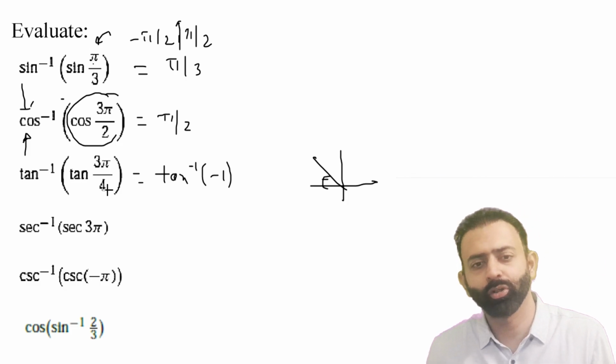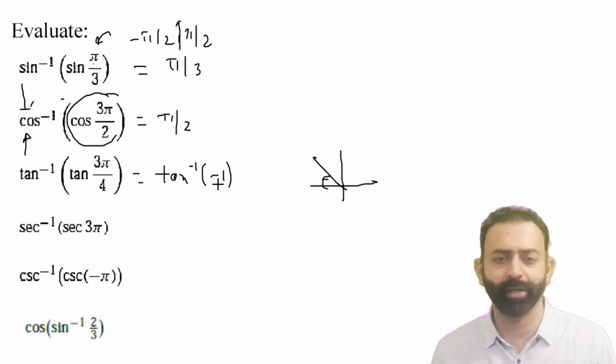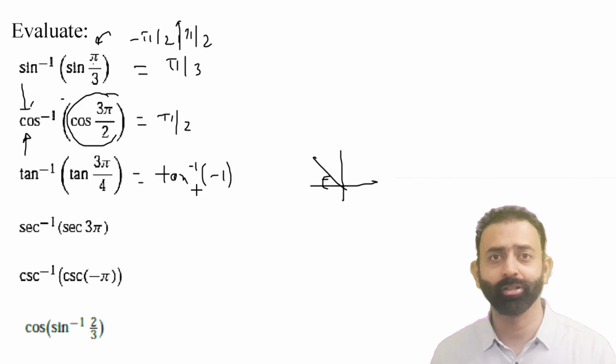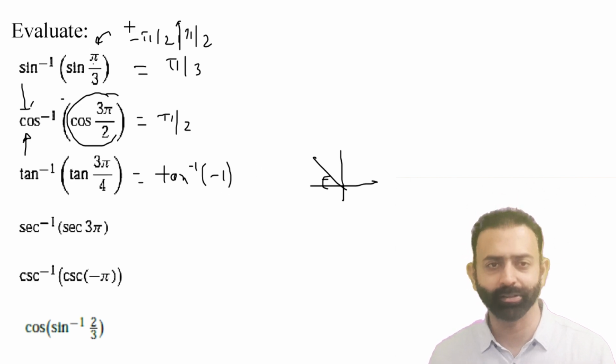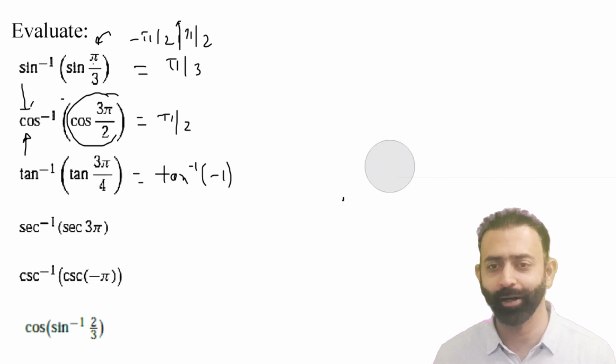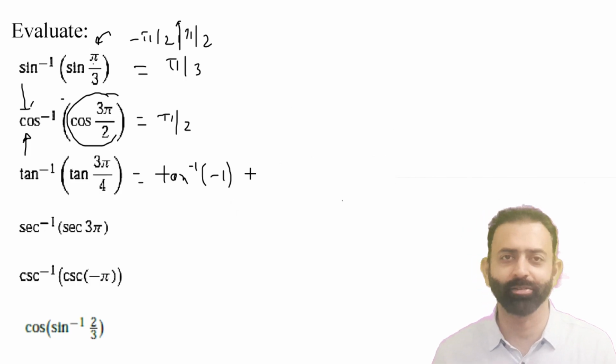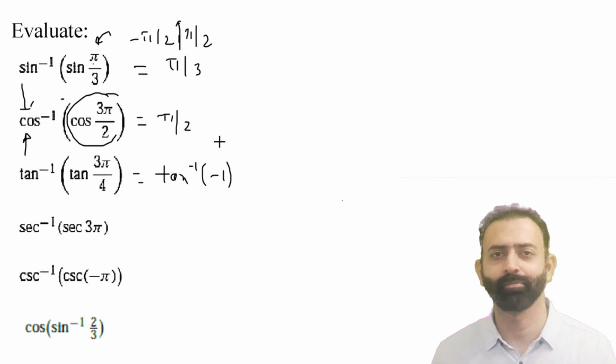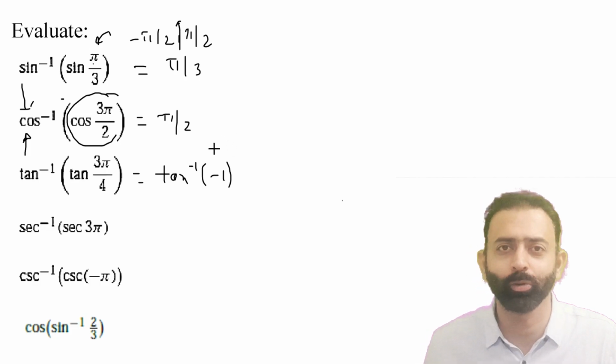So what you do, you evaluate the value of tan 3π/4 as minus 1, and now you find out that angle whose tan gives you minus 1, and this angle should lie between -π/2 to +π/2.